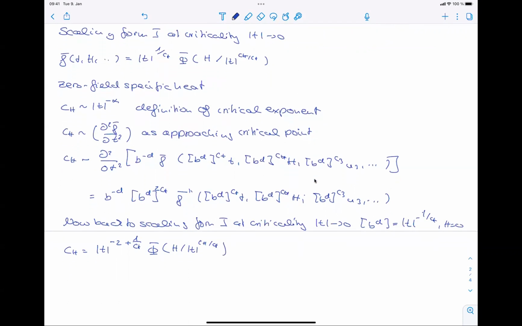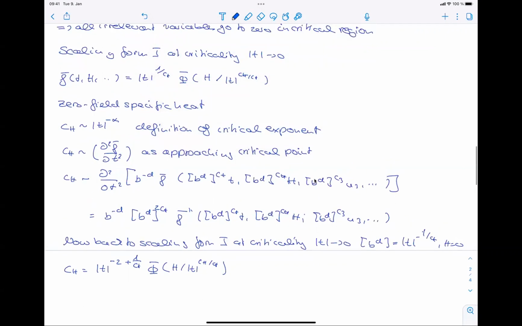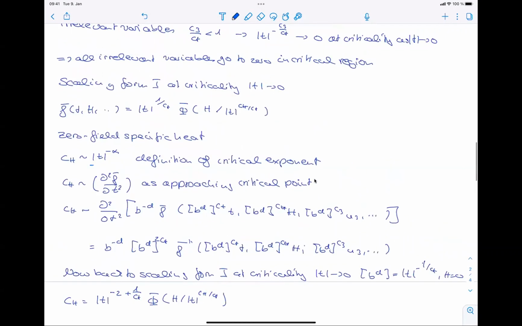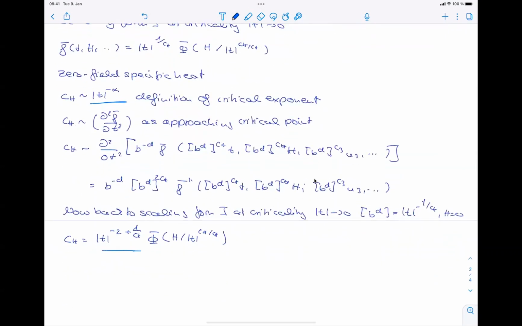And now comparing the definition of this here, the definition and the scaling, we can read off the critical exponent.